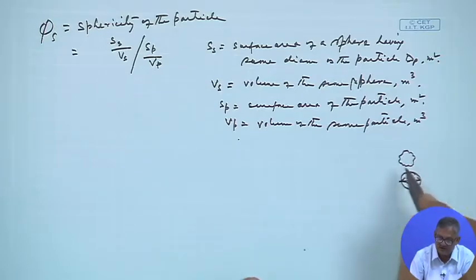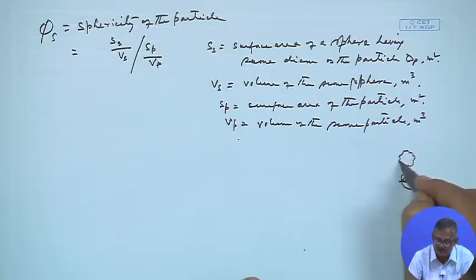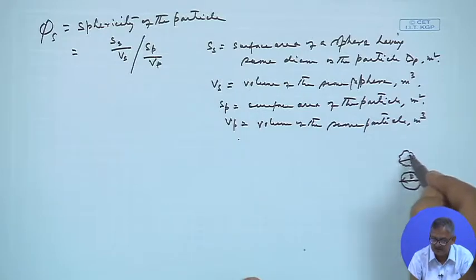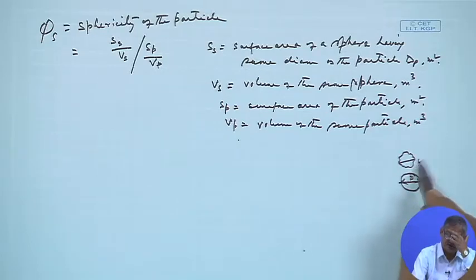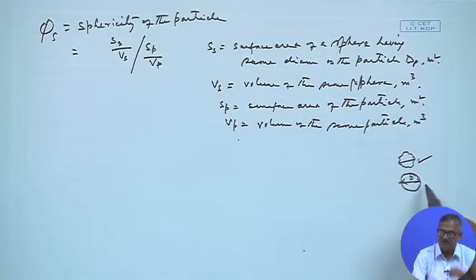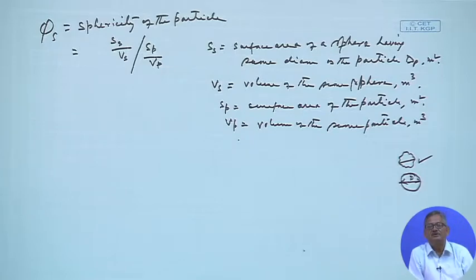No, it is not everywhere D. Maybe at some places it could be D, but at many others it is not D. So, in that case this will not be a sphere, but how close it is to the sphere having the same diameter as that of the particle, that we would like to know, and that is the sphericity of the particle.